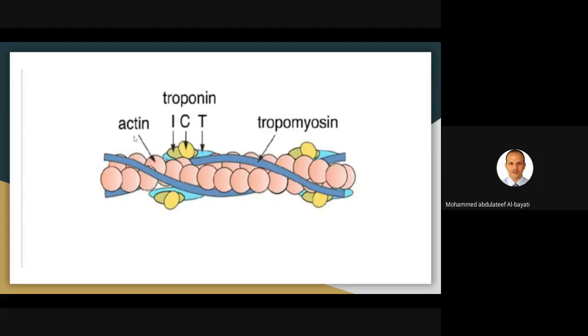In the relaxed state, the actin and tropomyosin are not bound firmly, so the troponin function is to aid in the contraction of the heart muscle. So if the heart muscle is injured, all of these fractions will be released into the circulation, but we measure the I fraction and the T fraction only.